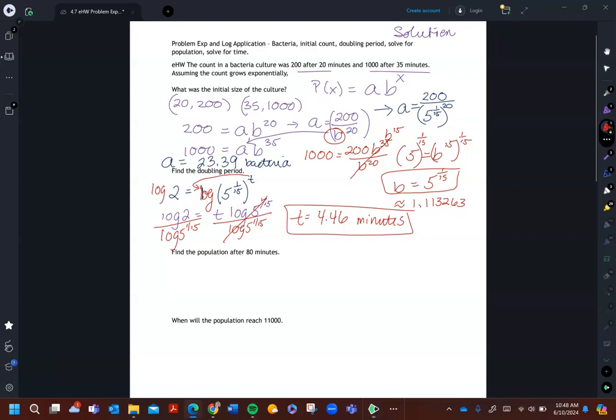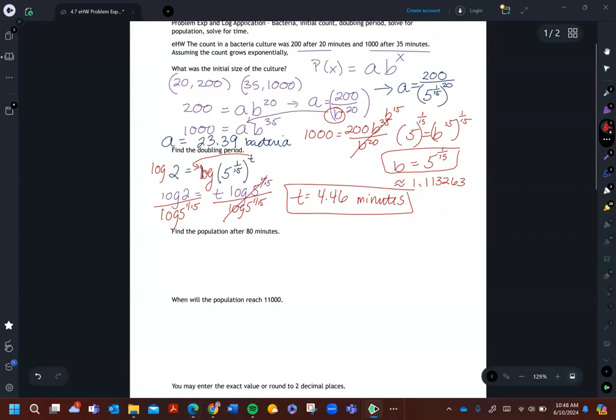So we're going to go ahead and make an equation in general for our P of T. Instead of A B to the T, we can actually fill in the missing pieces here.